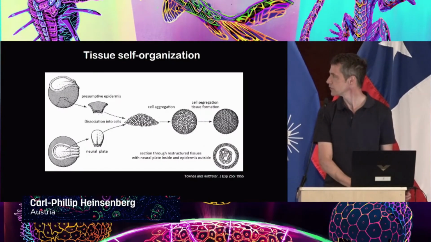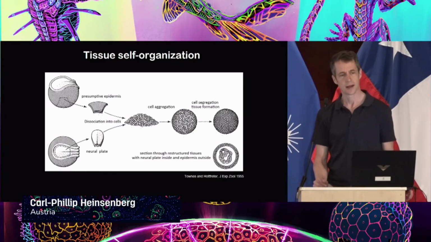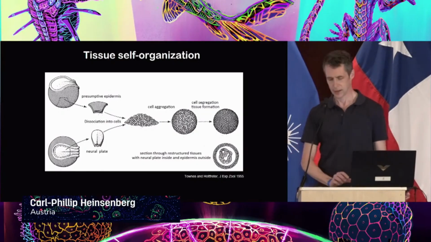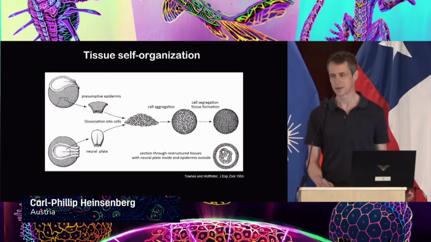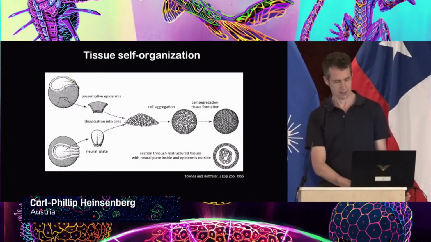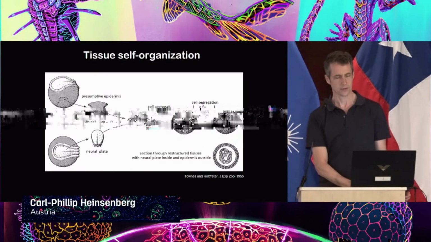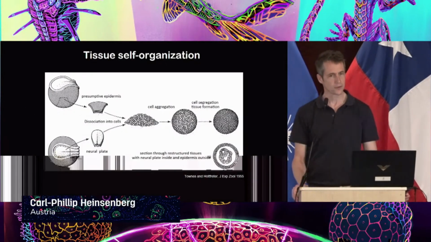So you start with this completely intermixed aggregate of cells, and autonomously, miraculously, somehow an embryonic structure evolves where the neural plate is going to be here, and the epidermis is surrounding it.